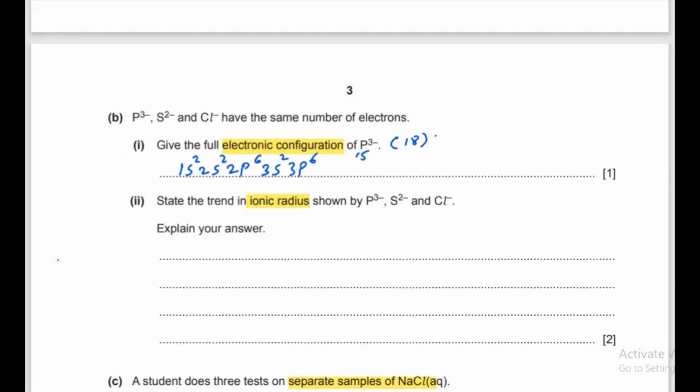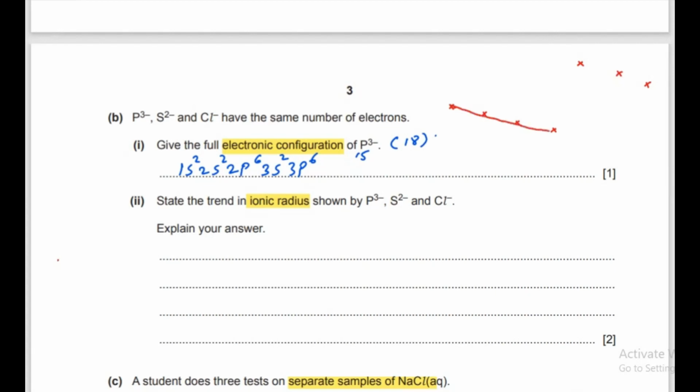State the trend in ionic radius. Now, if we look at our specification or the syllabus, we know the trend of the cations: Na positive, then Mg2 positive, which is comparatively smaller, then Al3 positive, then Si4 positive, then P3 negative, S2 negative, and Cl negative.